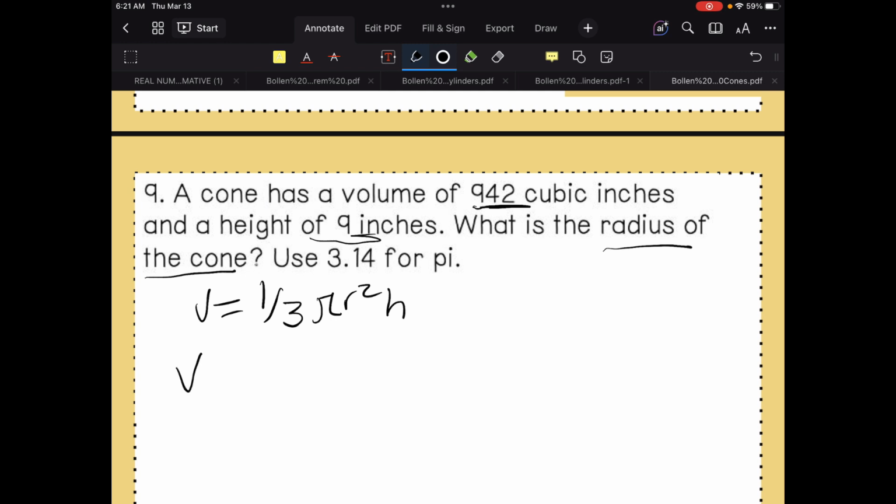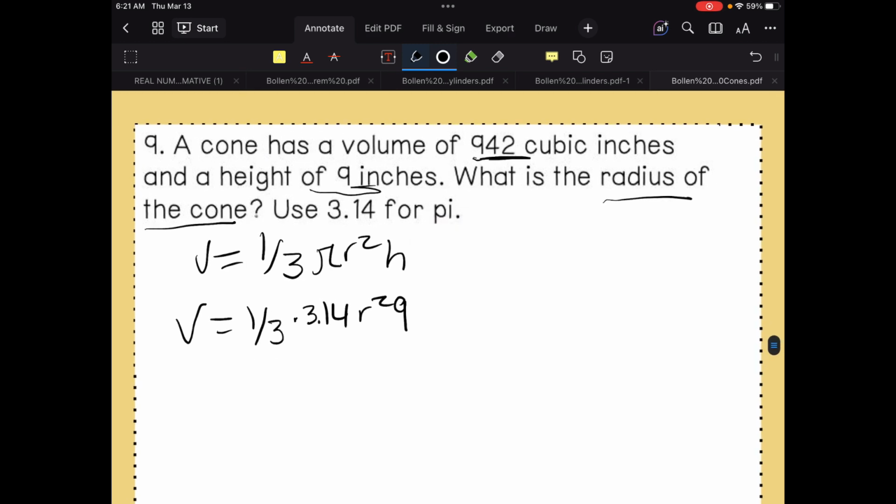So we have volume equals 1/3 times 3.14 times r squared times 9. And then you combine your like terms and you solve for r squared. Go ahead and give that one a try. If you need help, come to my back table.